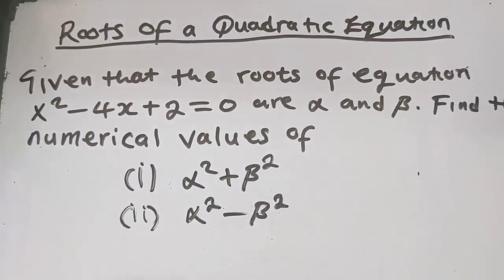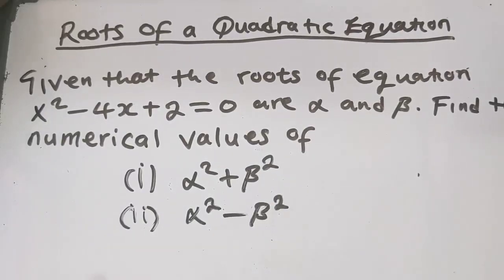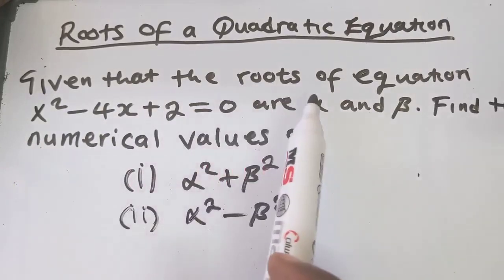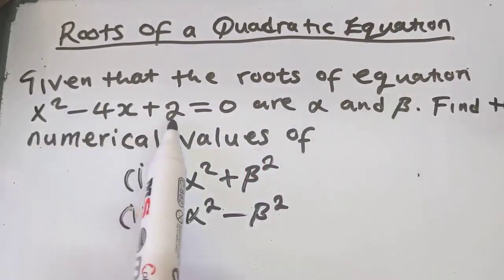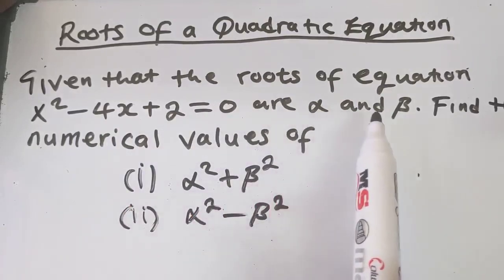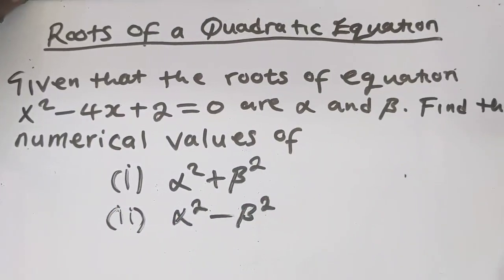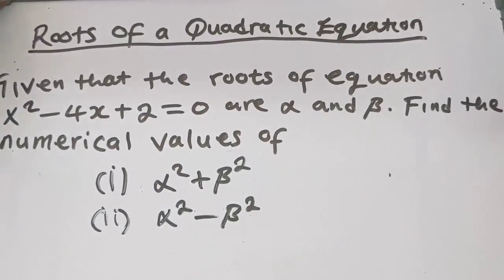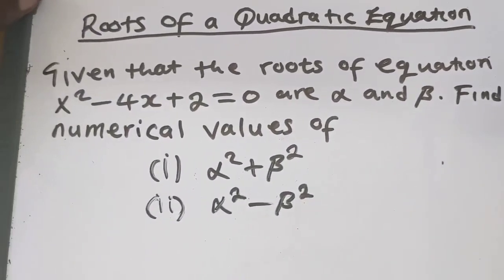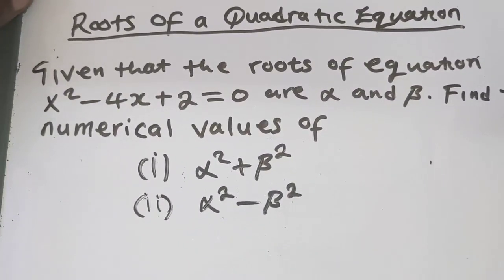This is an exam question. Okay, so the question is saying that given that the roots of the equation, this is the equation right here, are alpha and beta, find the numerical values of these.